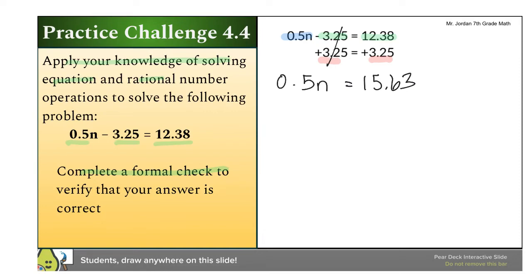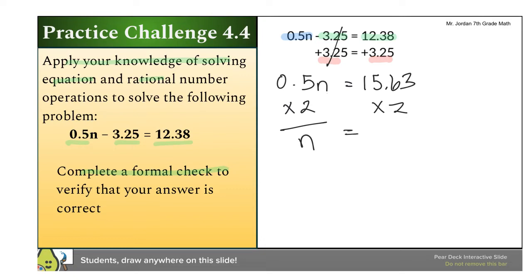For this next step, I have two options. I can divide by 0.5 and 0.5 so that I get n. However, there's an easier way. I can multiply both sides by 2, because 0.5n times 2 is equal to n.